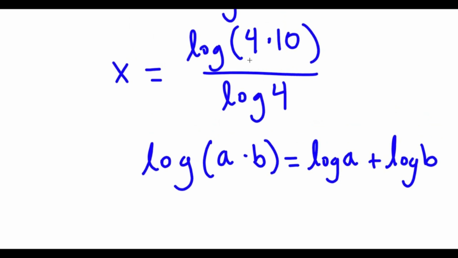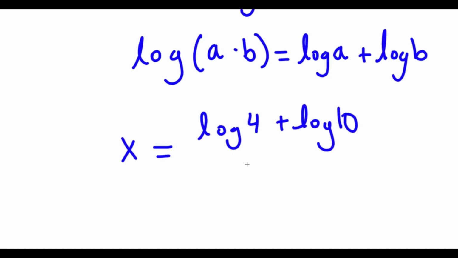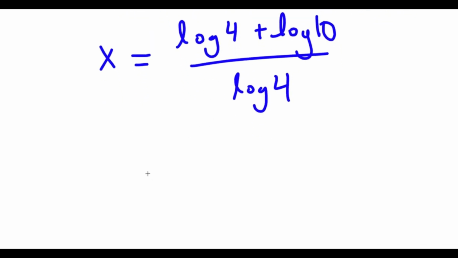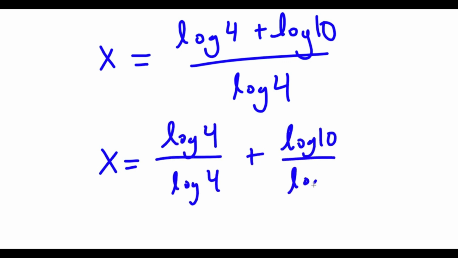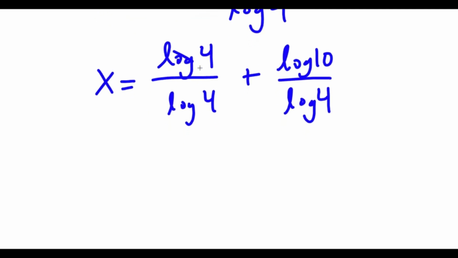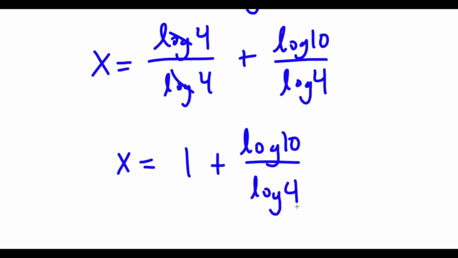So in this case, I have log 4 times 10. So this is equal to log 4 plus log 10. And now I have this over log 4. Now log 4 plus log 10 over log 4, this is the same thing as log 4 over log 4 plus log 10 over log 4. And log 4 and log 4, these two cancel out. So now I have x is equal to 1 plus log 10 over log 4.